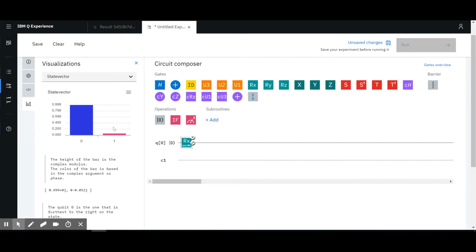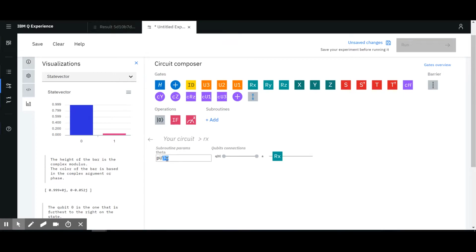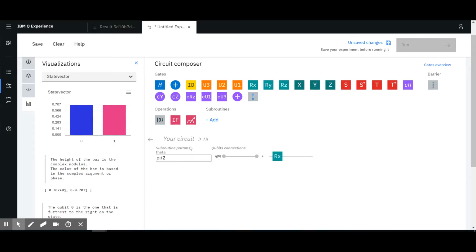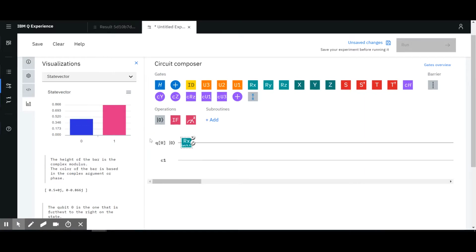It keeps growing, right, until you're at pi divided by 2, where both have the same probability. Exactly. And then if you go beyond that, to like 1.5, then you start to lose that, and you're kind of going fully to 1.